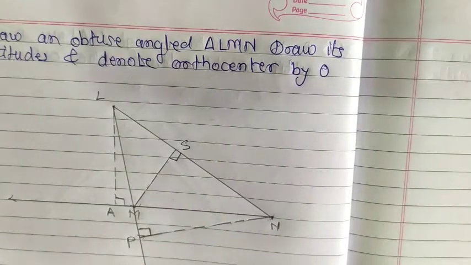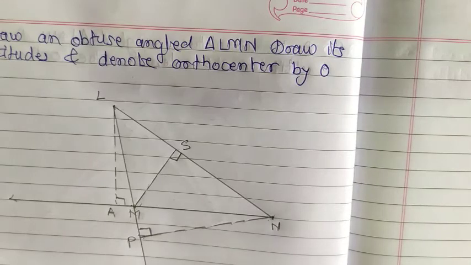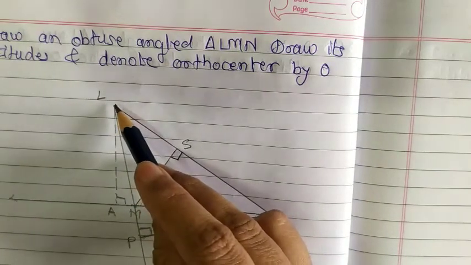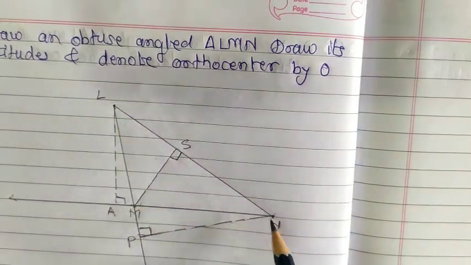These are the three altitudes of this obtuse angle triangle LMN.